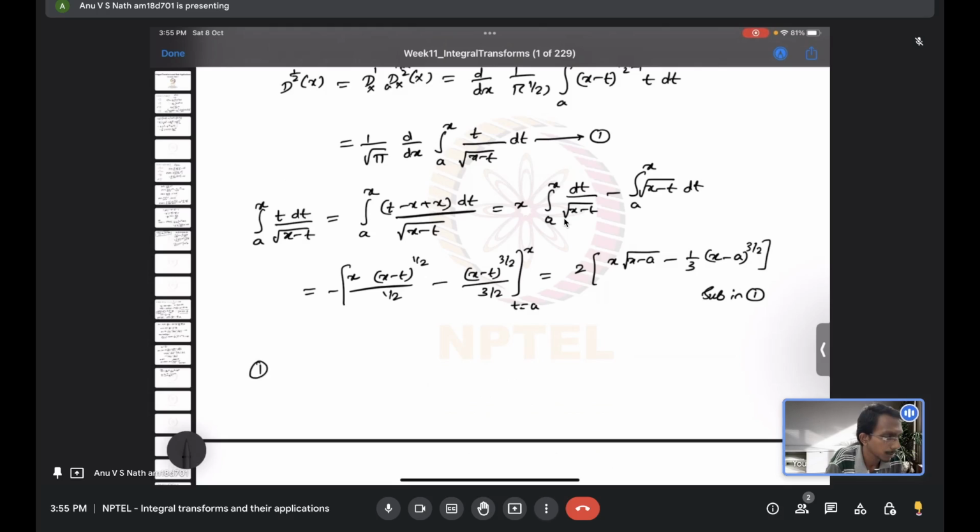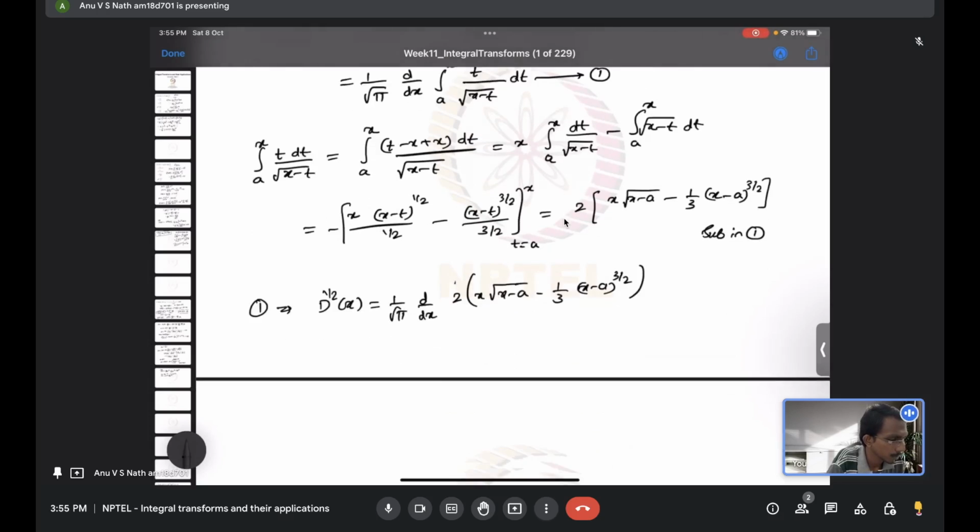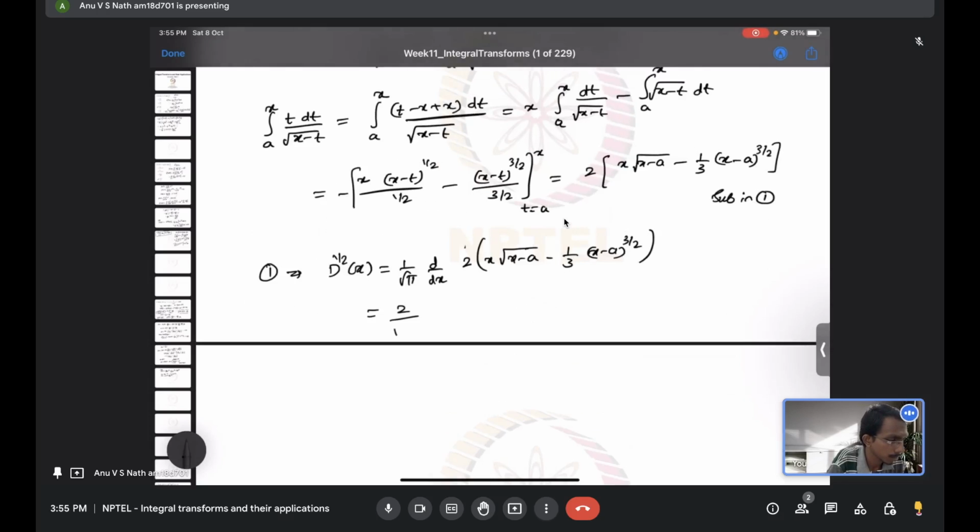So now we have to substitute this in 1. So from 1 we will get d raised to half of x is 1 by root pi d by dx of 2 into x root of x minus a minus 1 by 3 (x minus a) the whole raised to 3 by 2. So the 2 is a constant, we can take outside, 2 by root pi.